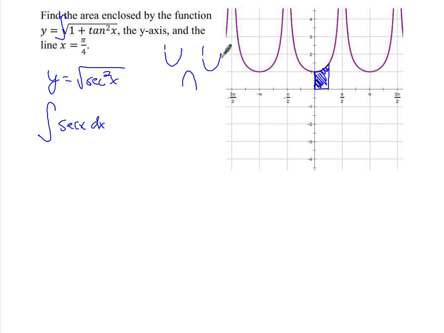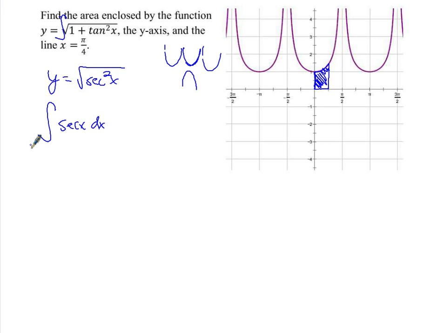Yeah, the tangent squared part makes everything positive. So now you're guaranteed to be positive here, so that when you take the square root, it's still positive. So effectively, it was an absolute value situation, but that's why we don't have this bottom part, and now it's just all bounced up here instead. Okay, so we have the integral of secant x is equivalent to what we're dealing with here.